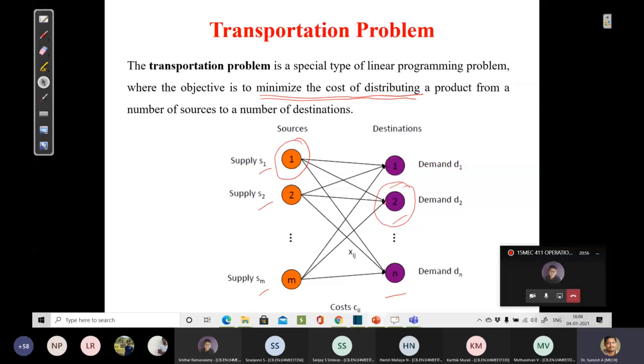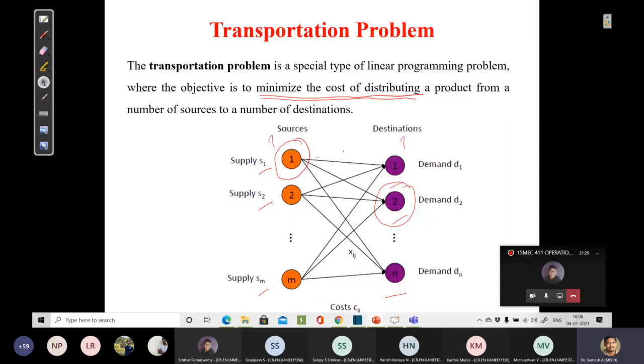Now, what are the issues here? What are the issues on both sides? For example, from your source 1 to your destination 1, there will be a minimum route which incurs the lowest cost.